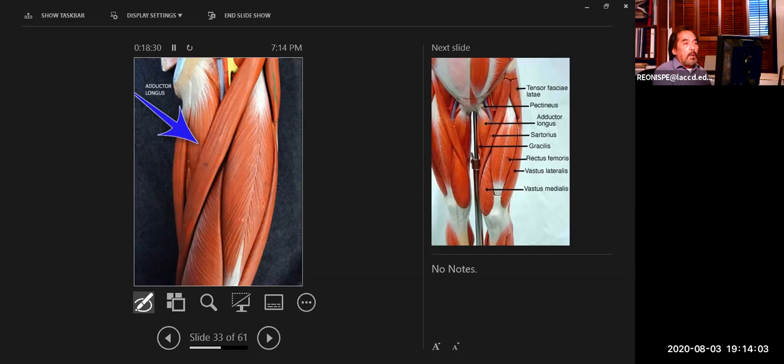So again, tensor fasciae latae, sartorius, gracilis. So this is going to be the pectineus. This is the adductor longus right here. Okay, and in between them, this part here, you can actually see a gap. Okay, within that gap, that's going to be the adductor magnus. Okay, and then opposite to the femoral vessels, that's going to be your iliopsoas.